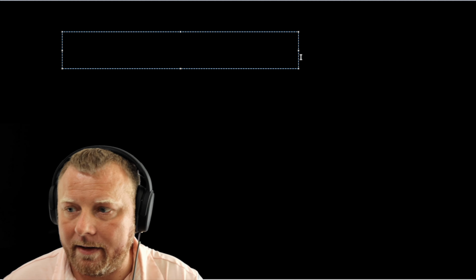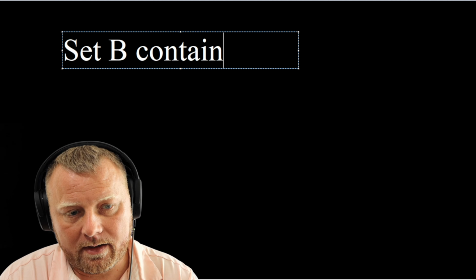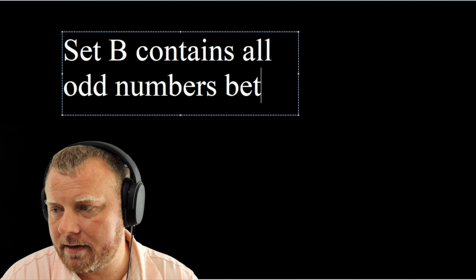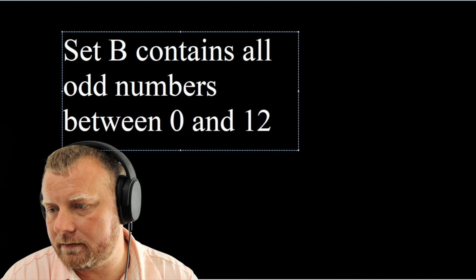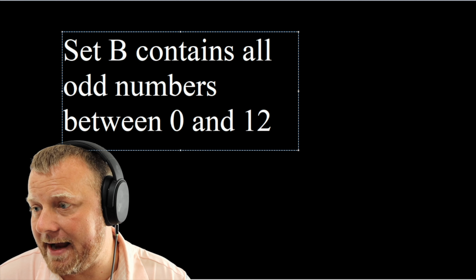Finally, we can be explicit and say set B contains all odd numbers between 0 and 12. We could easily do that, right? So what would that set look like? This is the narrative.